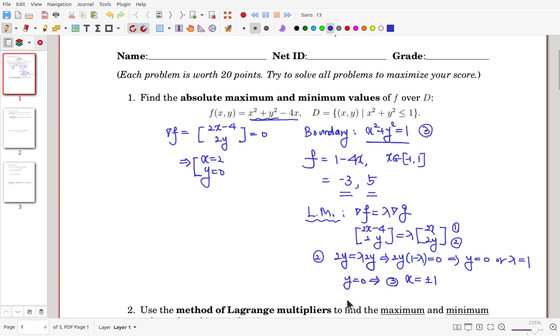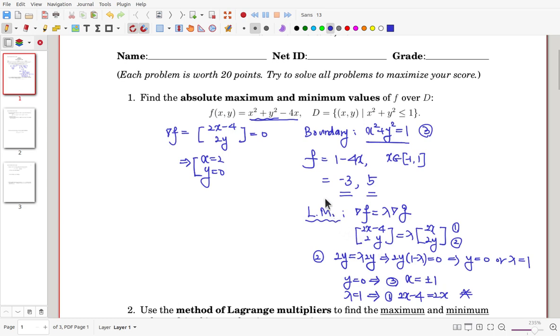How about lambda is 1? Then equation 1 is saying 2x minus 4 equals 2x. This is impossible.